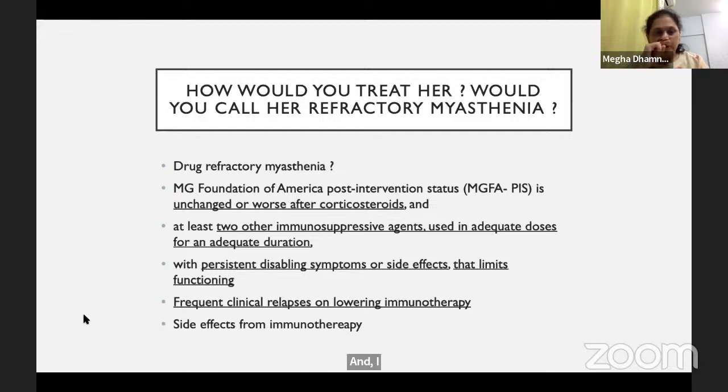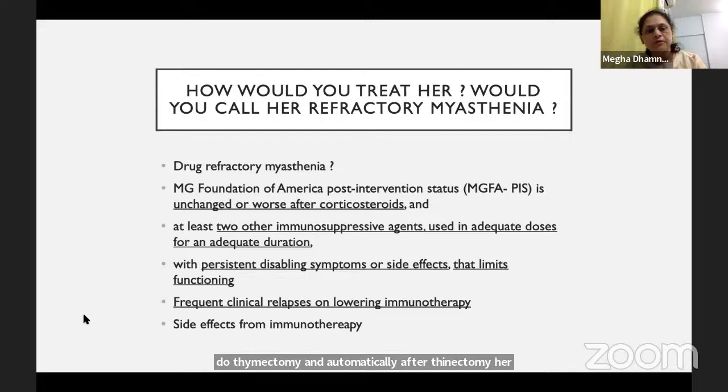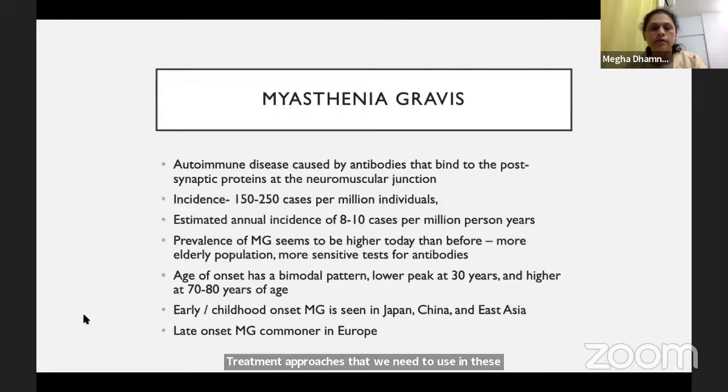However, again with rituximab, she was not very well managed, and we had to do thymectomy. Only after thymectomy, her symptoms came under control. So it was a combination of treatment approaches that we need to use in these patients before they are in remission. Now it's 1 year down the line, she's completely in remission.